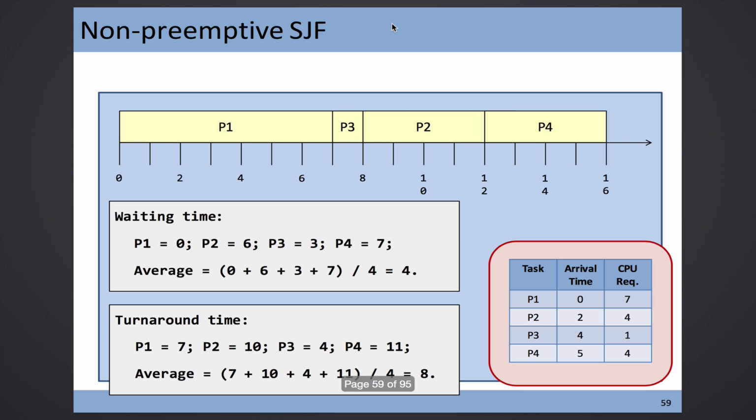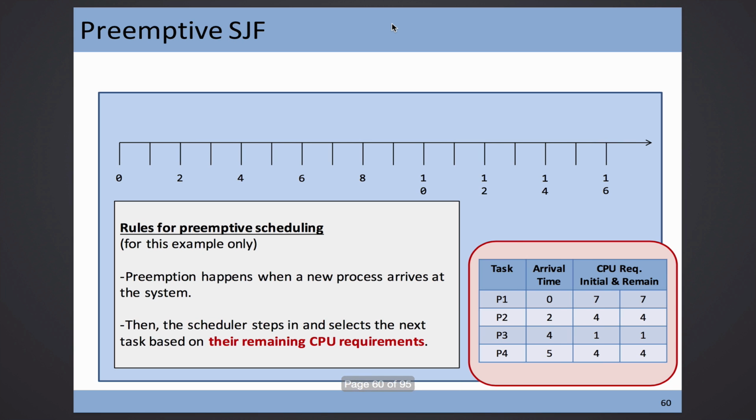That is non-preemptive. For the preemptive one, I don't need to show the calculation; it is for you to double check. When I say preemptive, I usually set some rule. The rule is that the scheduler will always step in whenever there is an arrival.